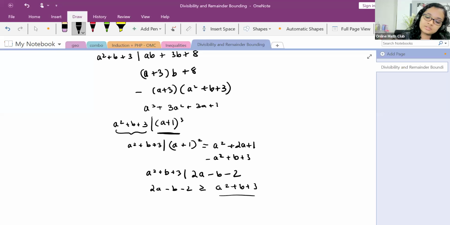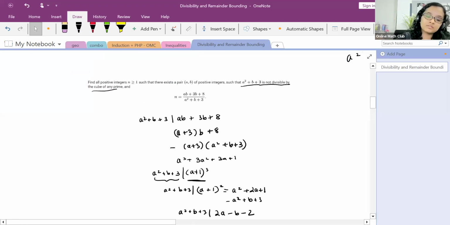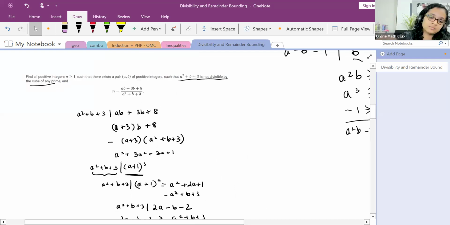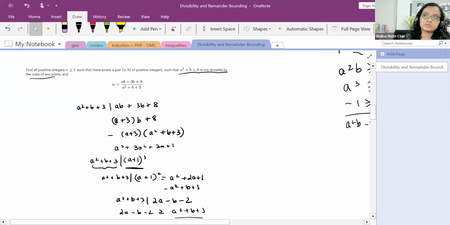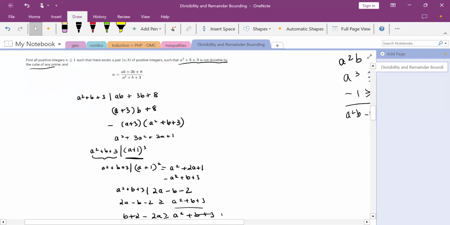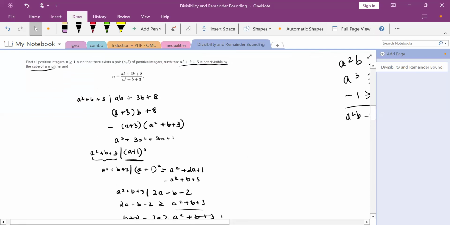And in the other case, you have b plus 2 minus 2a greater than this, which is also obviously not true. So yeah, there are no such integers, and I hope this was clear to everyone. So we are done. If we take a equal to b equal to 2, we get n equals 2.